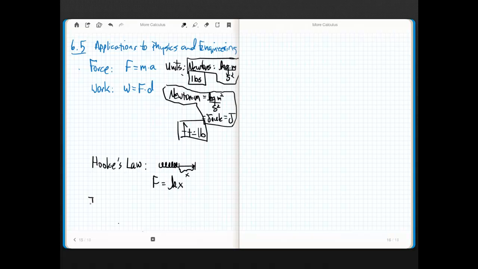Let's say it takes 20 newtons to hold a spring 10 centimeters from its natural length.